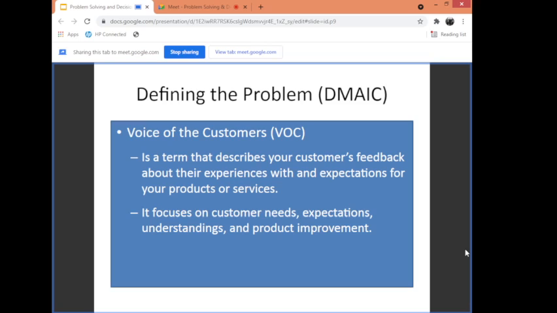Like, for example, if you are a massage parlor, you're doing massage. Without customers, what will be your services? You cannot do massage without a customer, right? Or you are selling smartphones or SIM cards, you need customers.